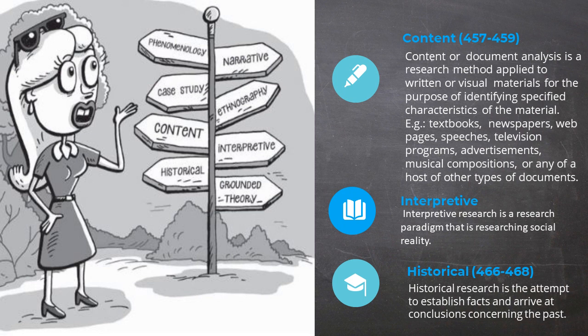Okay, and what you have to know about content analysis or document analysis in education or English language teaching is that it has purposes like identifying bias, prejudice, or propaganda in the textbook. For example, a researcher might analyze high school history texts in a particular school, like I mentioned before.